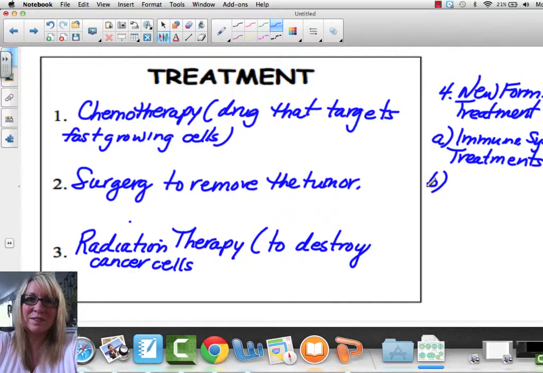There are hormone treatments. And there's something called gene therapy. And I'm not going to test you on these different types of new forms of treatments. I just want you to be aware that they do exist and that they are trying to discover new treatments every single day through research.